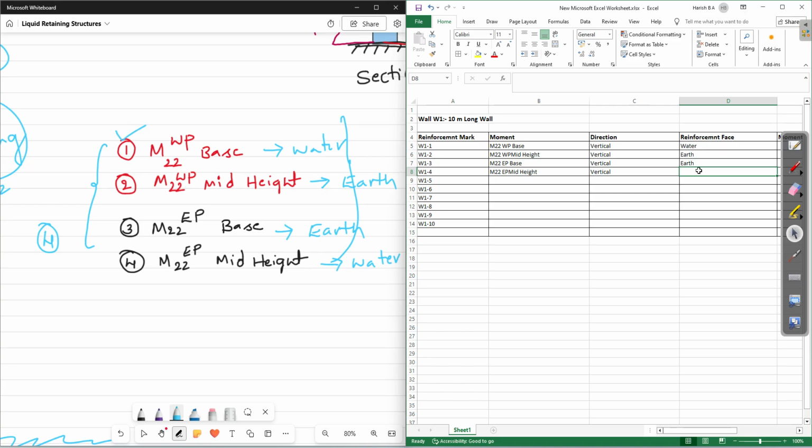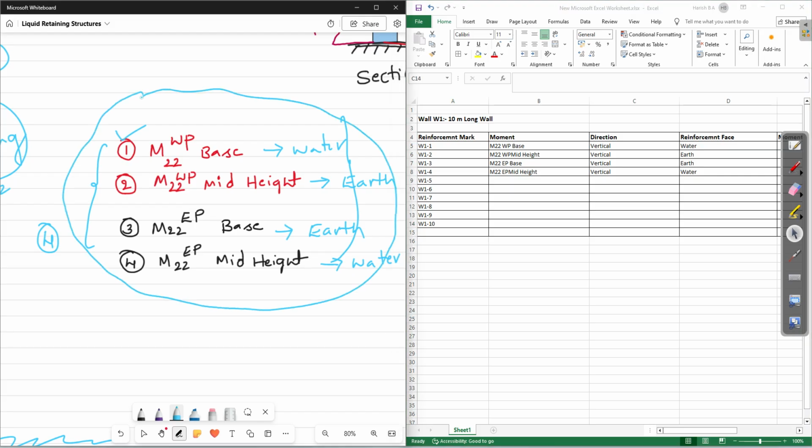Reinforcement phase, it is water phase. Okay. I completed these four. You have to feed this data to your Excel. So I completed M22 bending. M22 is nothing but your vertical bending. So direction will be vertical for M22 bending moments.